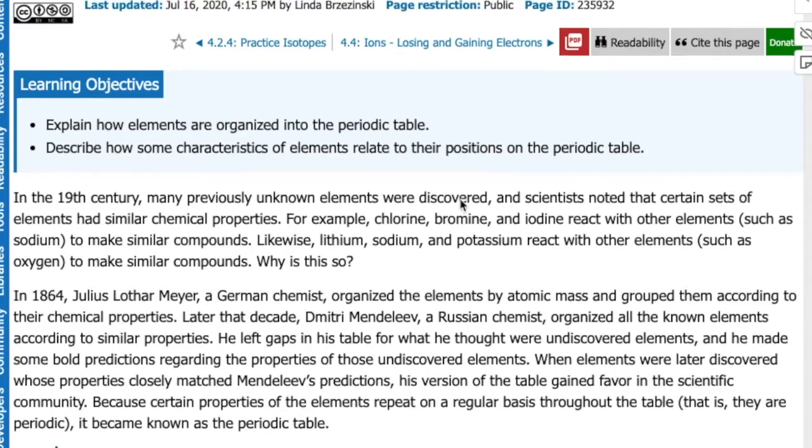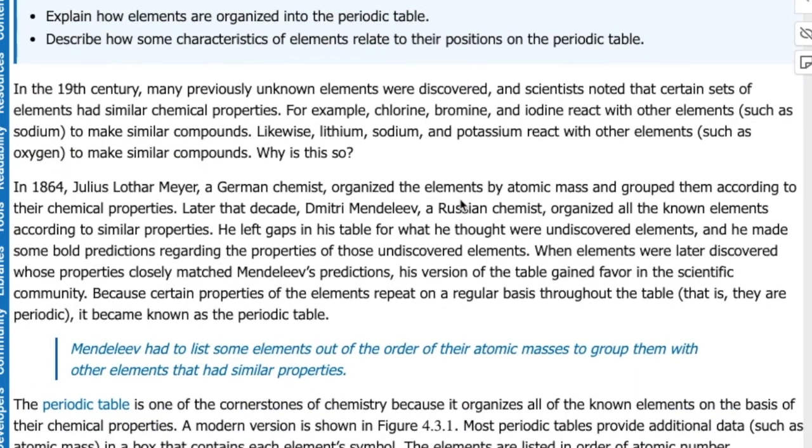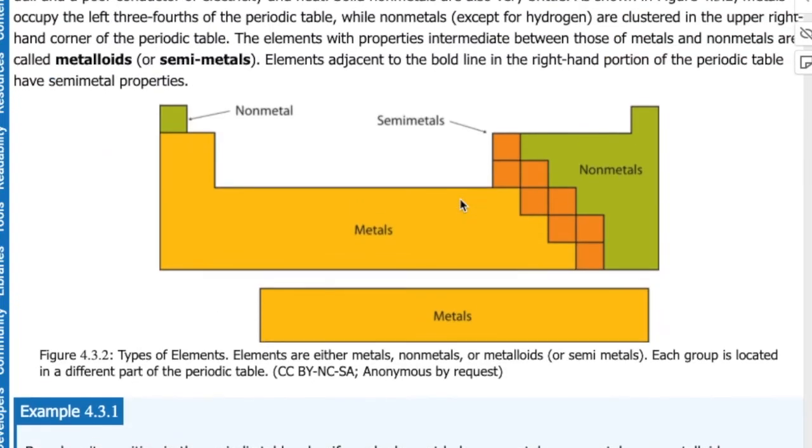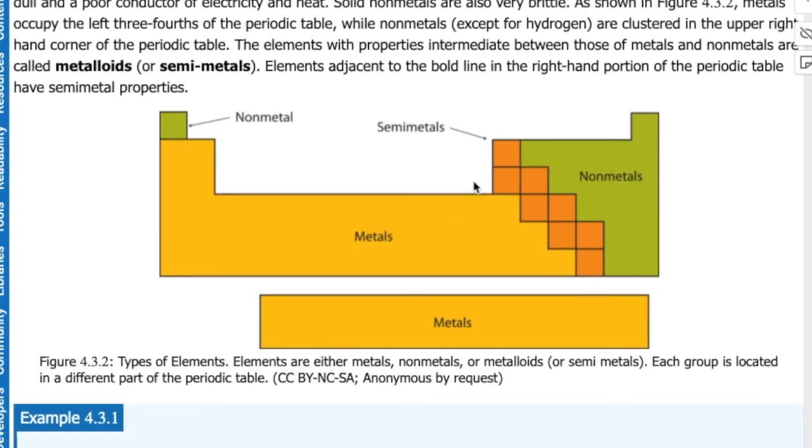I just wanted to point out the periodic tables that are in your LibreText chapter 4.3. First, let's scroll down to where we see the metals, the nonmetals, and the metalloids or semimetals. I just wanted to point out that aluminum is not labeled correctly.